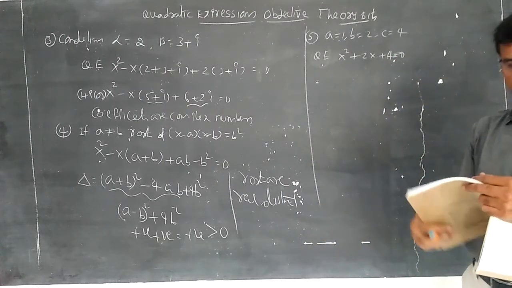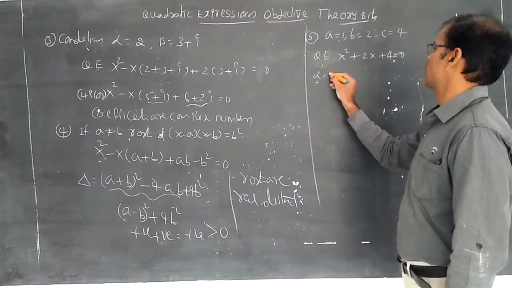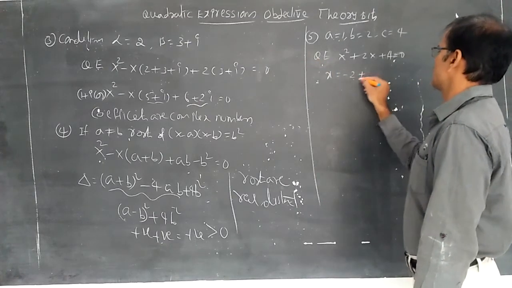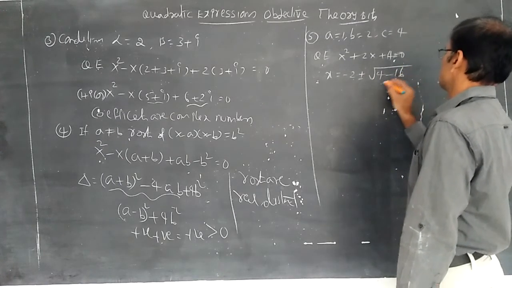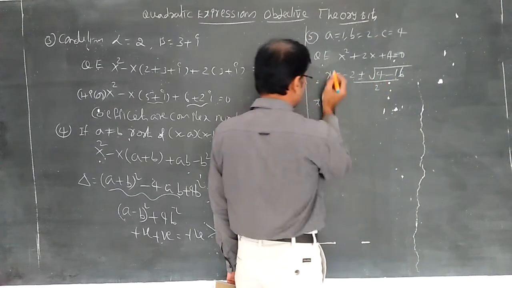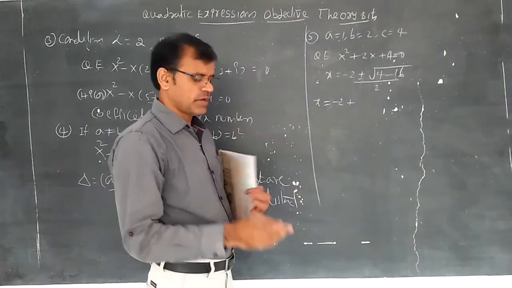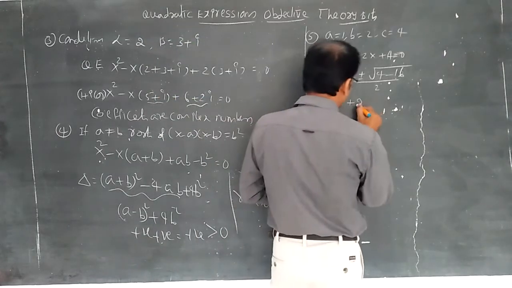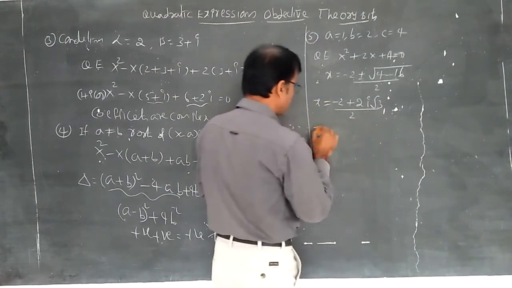Then the roots of the equation, B is asking. Okay, let us calculate the roots alpha, beta. x is equal to minus b plus or minus root of b square minus 4ac, by 2a. You can write this as x is equal to minus 2 plus or minus root of 4 minus 16, which means minus 12. We can consider minus 1 as the value of i square, so you can write this as 2i root 3, by 2.